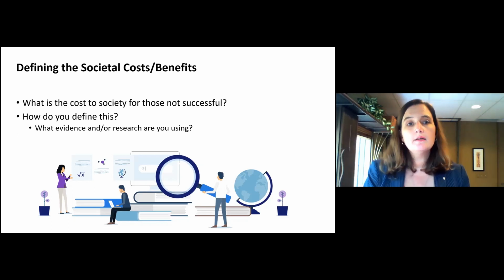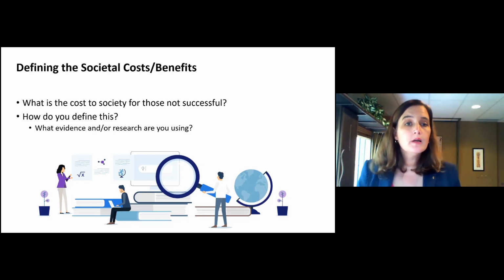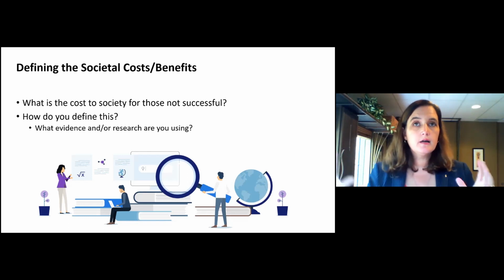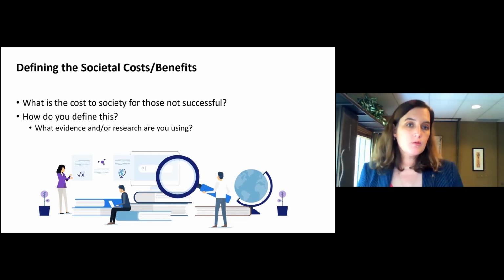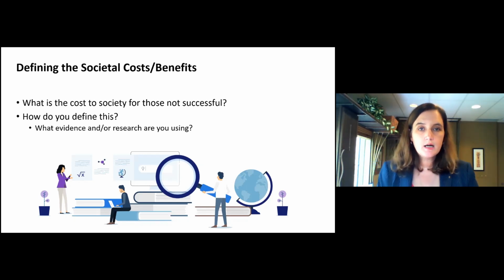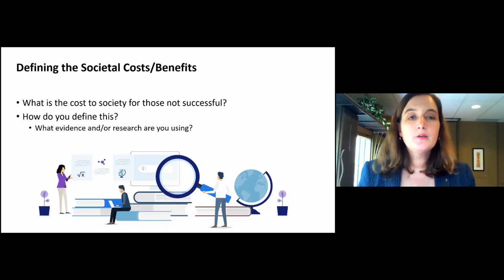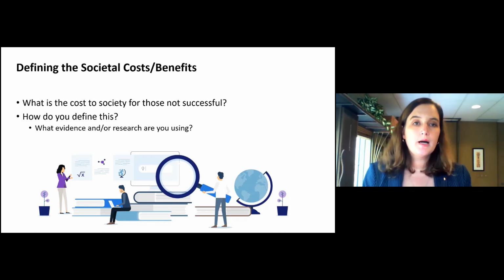But sometimes, especially if you have a control group that you're comparing it to, or even a cohort group, you can actually look at what was their cost versus what was your participants' cost. So that's where you could contact us and we can help you think about what's the right model for you.